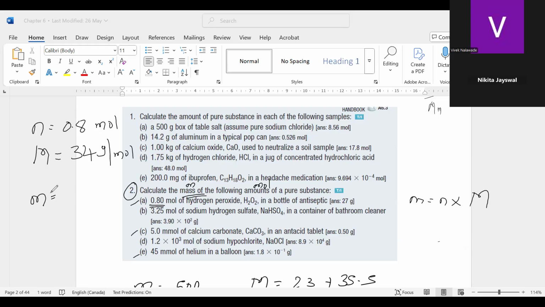I got 27.2. That's correct. Now there are only two significant figures here, right? So the answer is 27 grams.